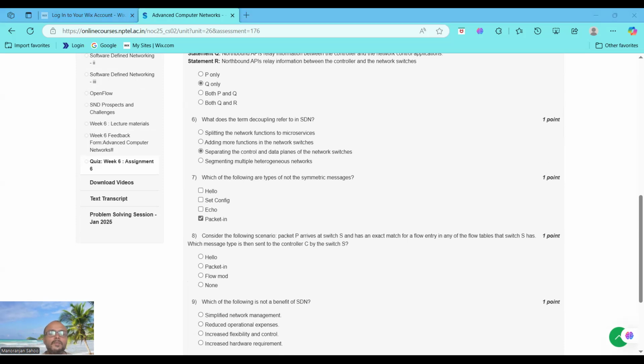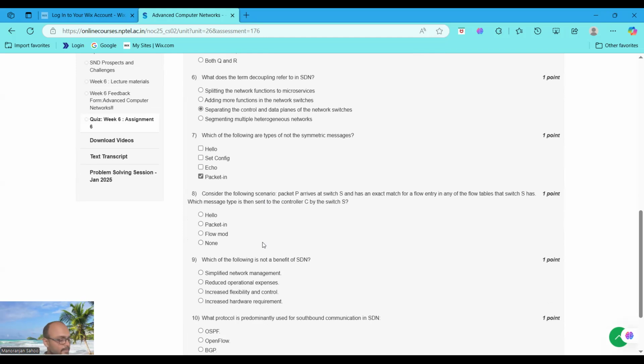Let me explain. Symmetric messages in OpenFlow are messages that can be sent by both the controller and the switch, such as hello, set config, echo. But packet in is not symmetric because it is only sent by the switch to the controller when the packet does not match any flow entry. So we choose the packet in option.